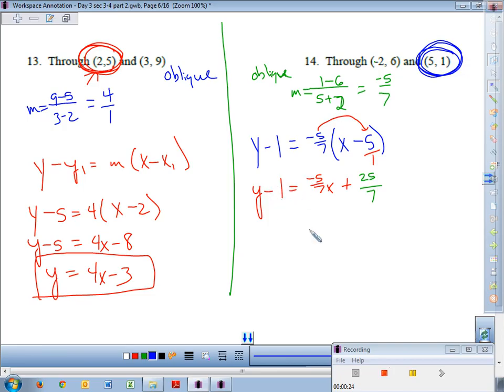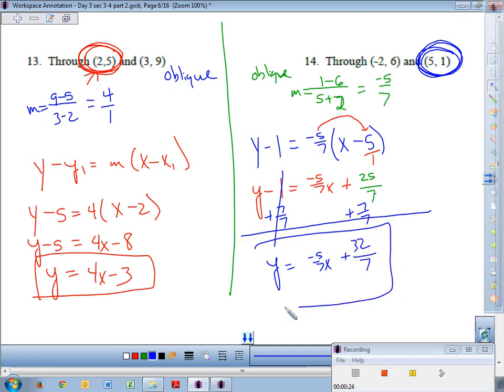So we all know we got to add 1 to get y all by itself, and it's going to get added to this green number. Instead of adding 1 to both sides, why don't we add 7 sevenths to both sides? That way this guy and this guy have a common denominator. So those go away. Negative 5 sevenths x comes down, and 25 sevenths plus 7 sevenths is 32 sevenths. So it is not pretty, but that is the right answer.